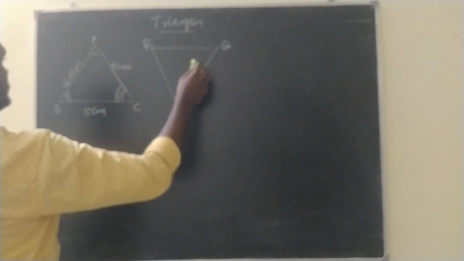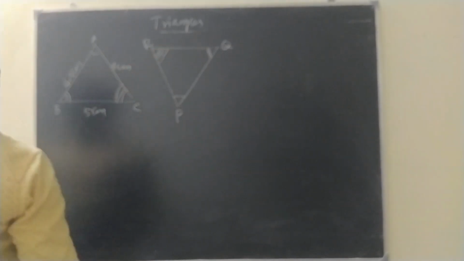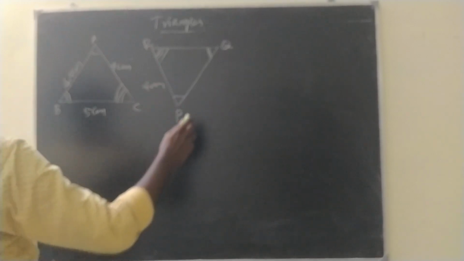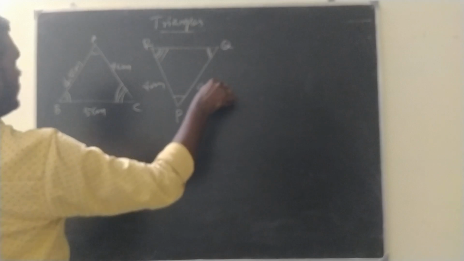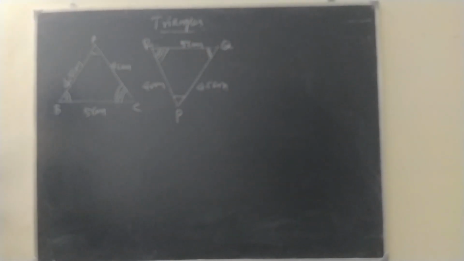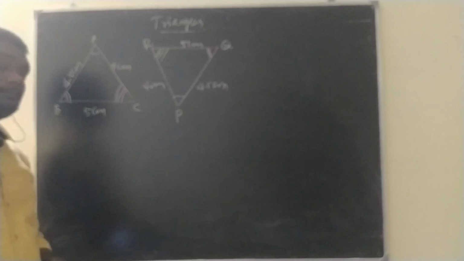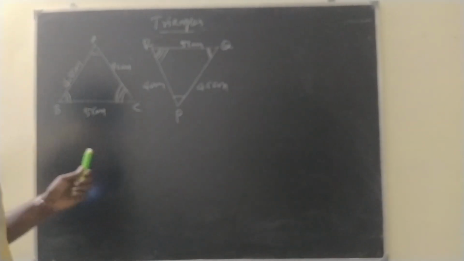This is 1, this is 2, this is 3, and here 4 centimeter, 4.5 centimeter, this is 5 centimeter. Now, shall we say these two triangles are congruent? How do we check? All the 6 elements of the triangle.